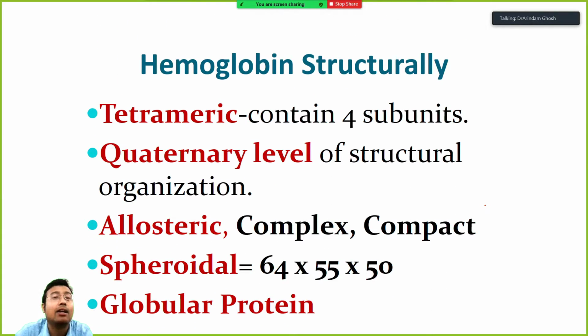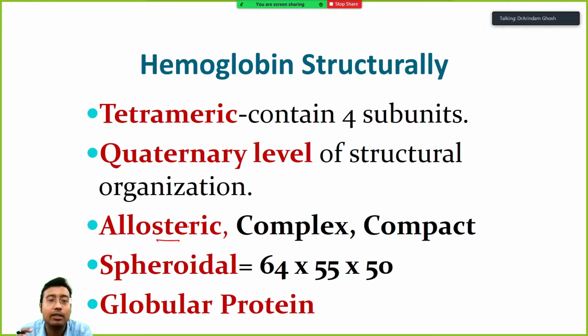Now hemoglobin is a tetrameric unit. It has got 4 subunits. You all know that when multiple subunits of tertiary structure come together, they are known as quaternary structure. So whenever something is a dimer, trimer, tetramer, these are all quaternary structures that we are referring to. So it has got a quaternary level of structural organization.